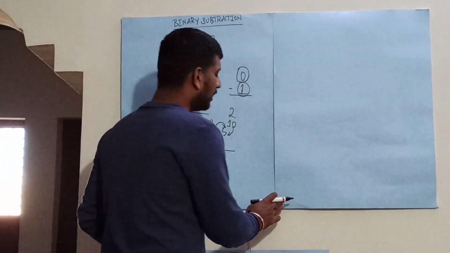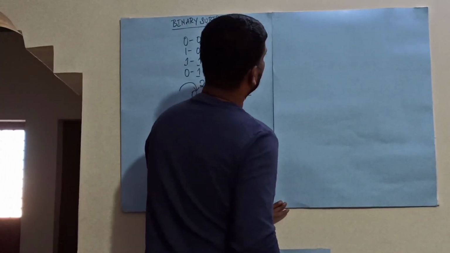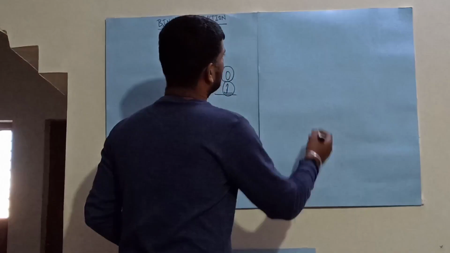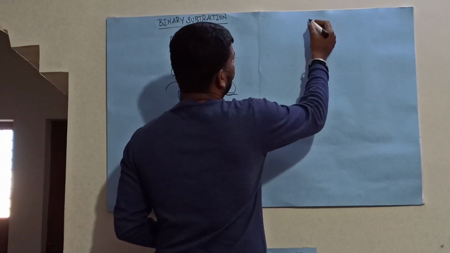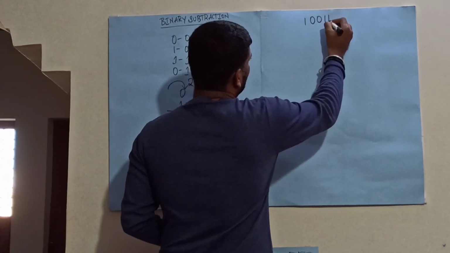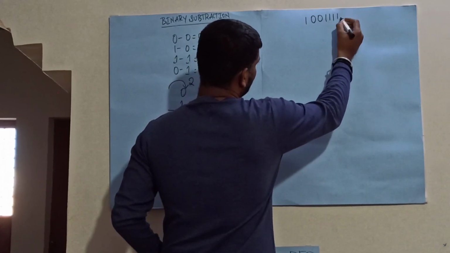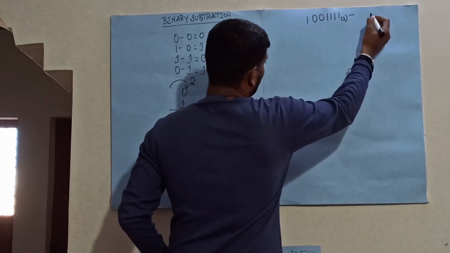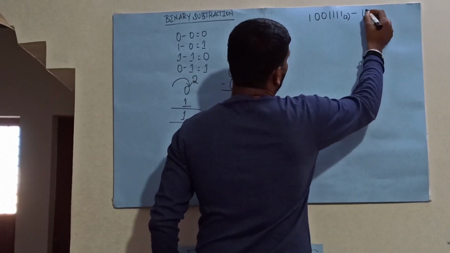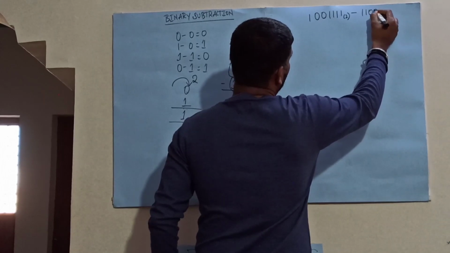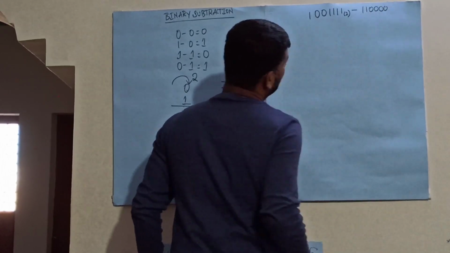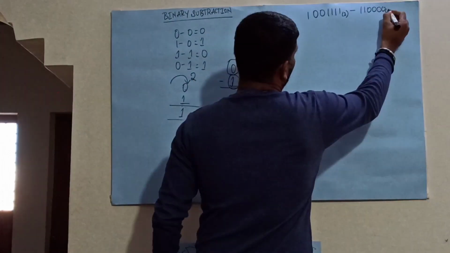Now let me take an example and illustrate how to perform binary subtraction. I will take the value 1001111 to the base 2 minus 110000 to the base 2.